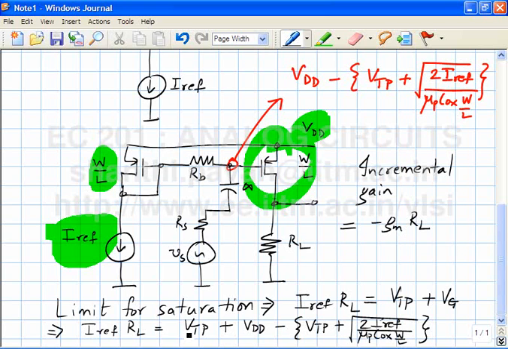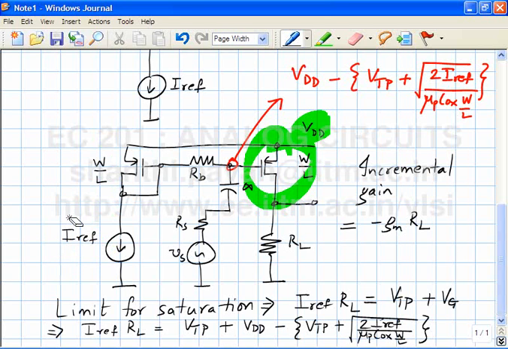And the VTP cancel out, and you see that IRef RL can be as large as VDD minus square root of 2 IRef divided by mu P Cox W by L.